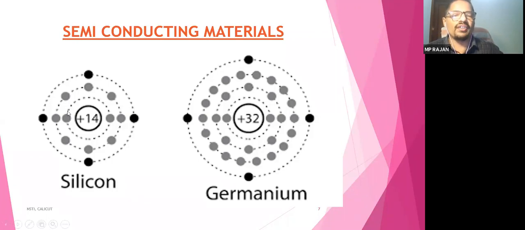Two electrons are in the K shell, 8 are in the L shell, and the outermost shell has 4. In germanium, it is 32: 2, 8, 18, and the remaining 4. So the number of valence electrons is the same in both silicon and germanium. Germanium and silicon both show 4 electrons outside. So this is in the valence band. In this condition, it cannot conduct.